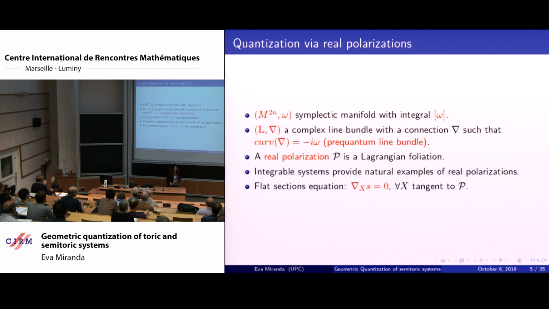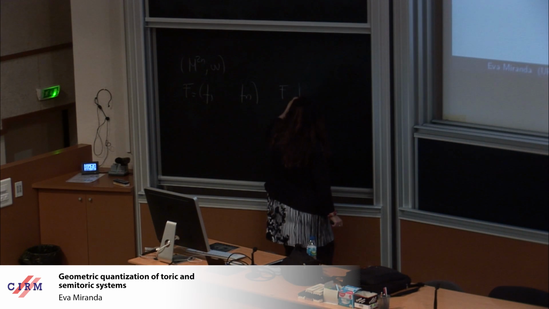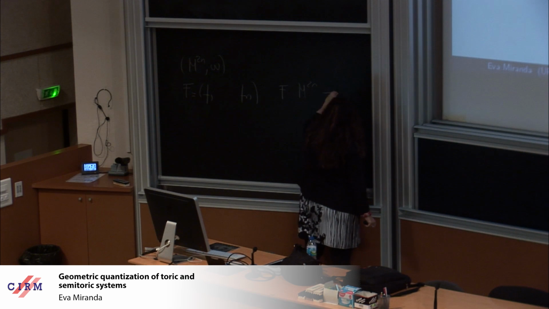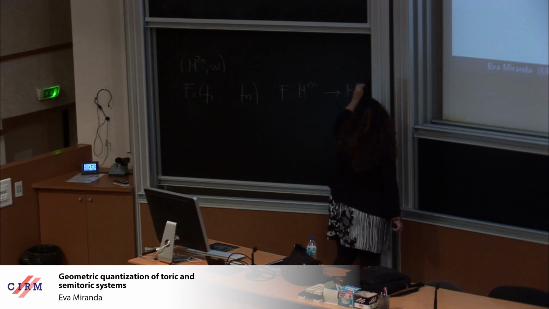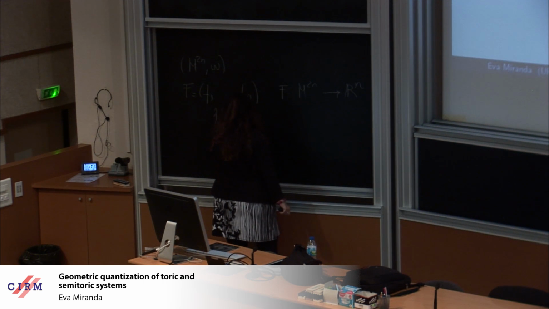A wide class of examples of Lagrangian foliations on a symplectic manifold comes from considering an integrable system on my symplectic manifold, which I'm going to look at as a map to R^n, where its components satisfy some commutation conditions.